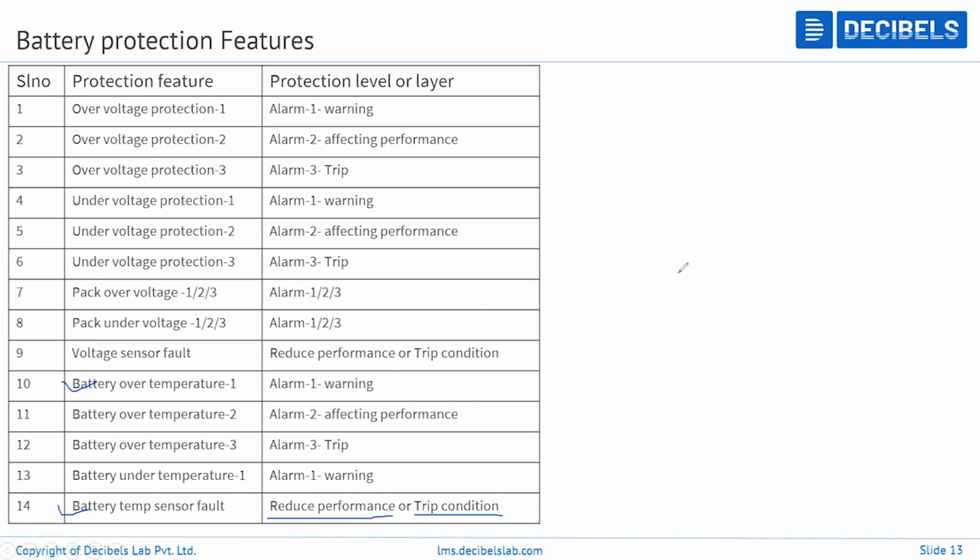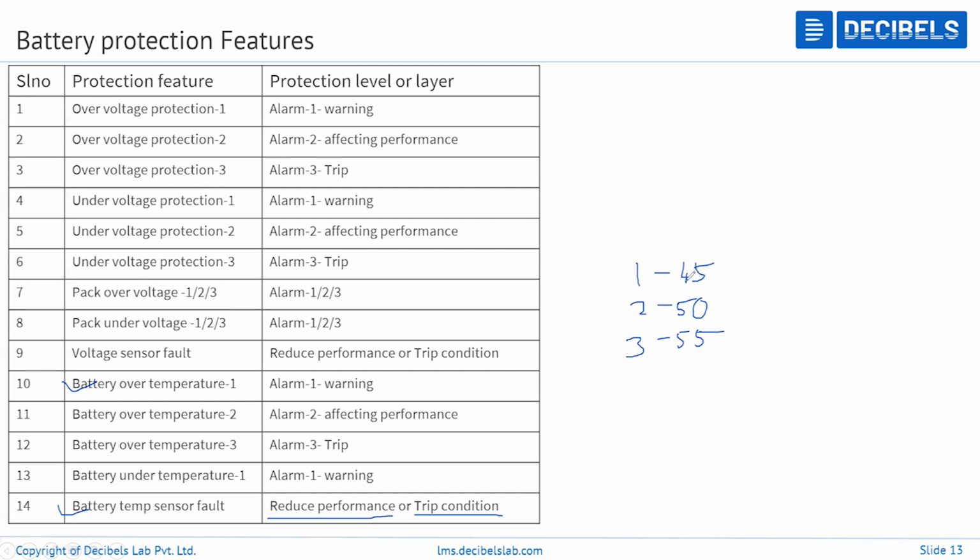The first level can be kept at, I'm just taking a random example, 45, 50, 55. So this can be level 1, level 2, level 3.